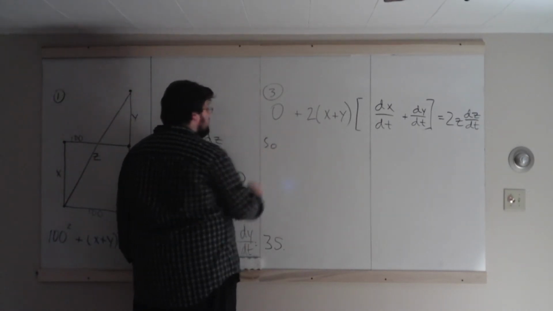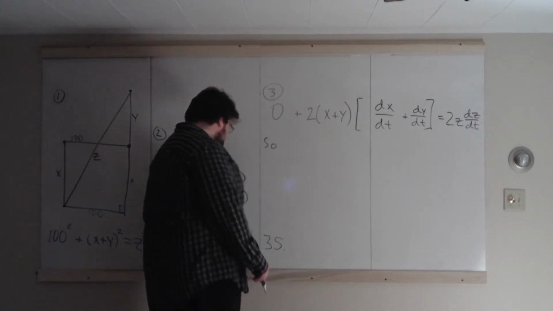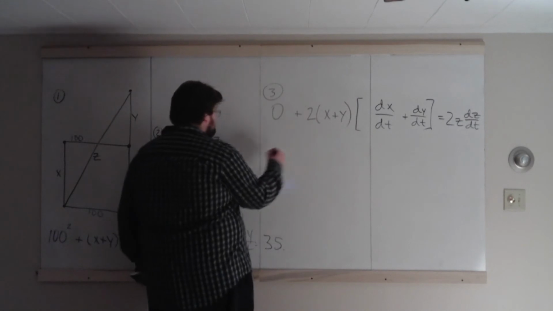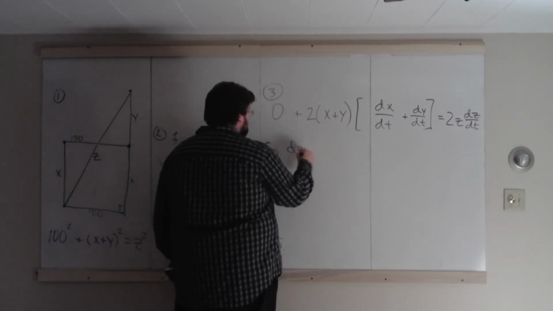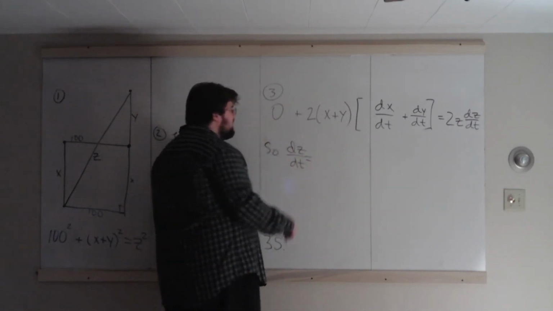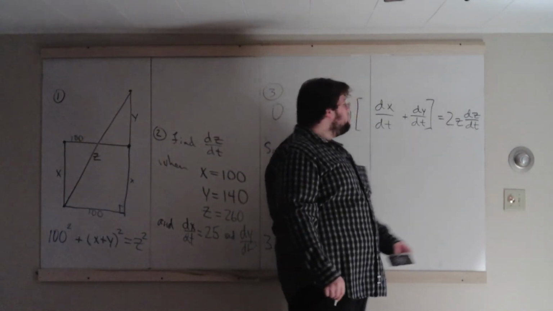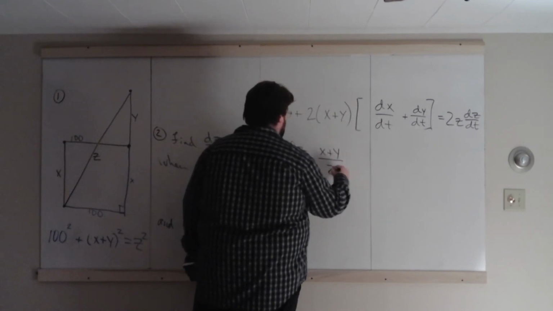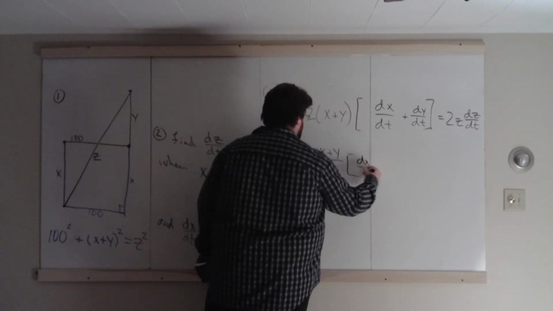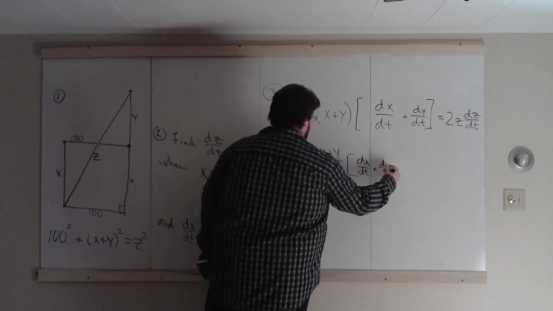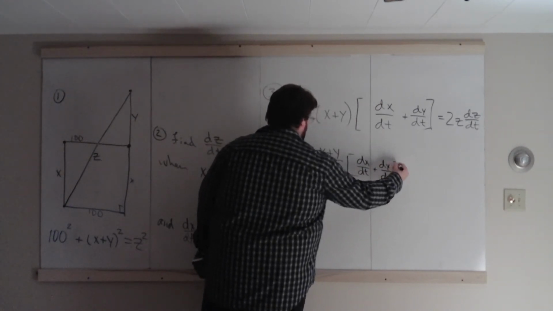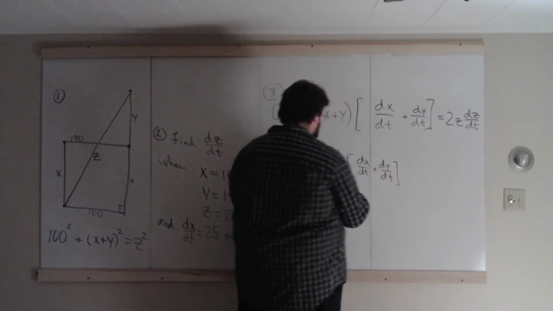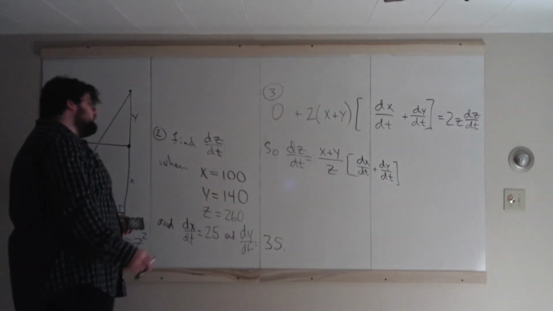So, I'm going to solve this a little differently than I did before. I'm just going to solve for dz/dt immediately and then substitute. So I'll say, dz/dt, what do I mean by that? Well, I'm going to divide everything by 2z. That's a y that I was just erasing.